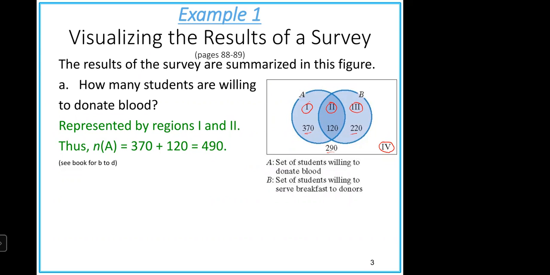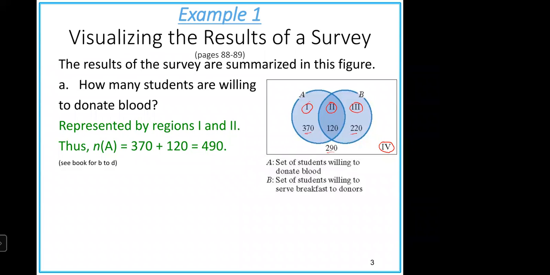Okay, it says, how many persons are willing to donate blood or serve breakfast? So you still have something missing there. You only gave me the 120 part. So it'll be the 370, 120, and the 220. Once we use that word "or," it includes everything in the circles shown.